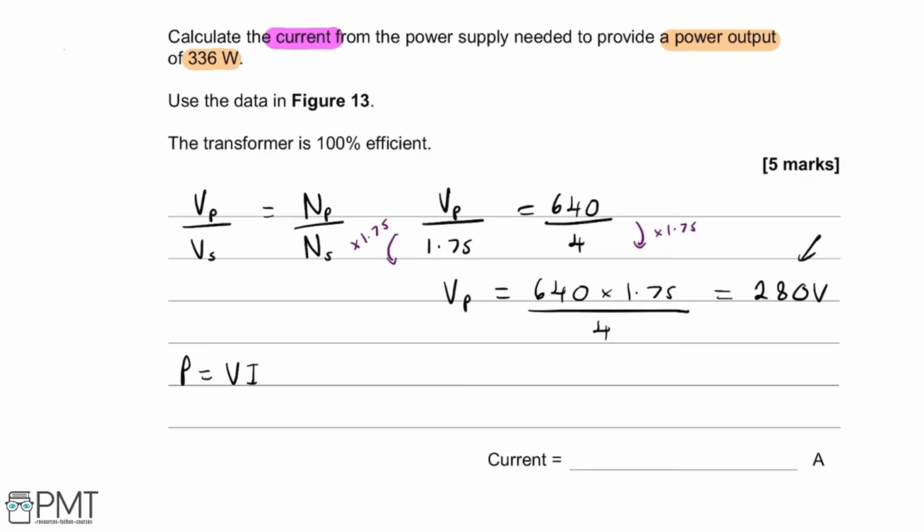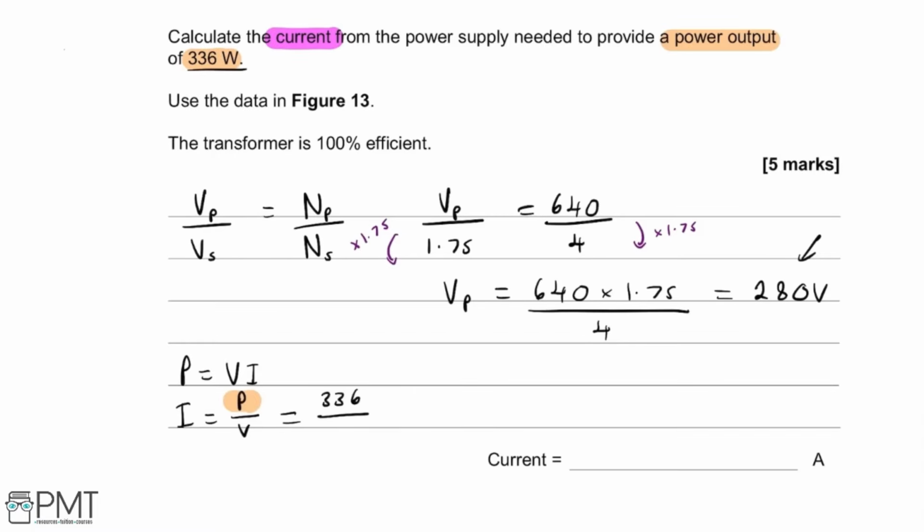We're looking for current, so we're going to rearrange this by dividing both sides by voltage, and then just switching them around so we've got current at the front. So current equals power divided by voltage. And then we can, again, substitute the values in. So we had power, that was 336 watts.